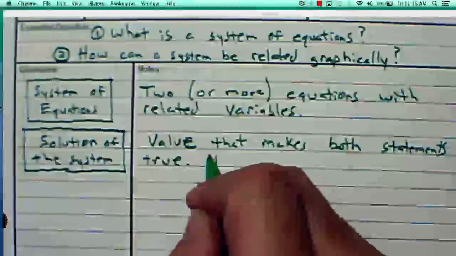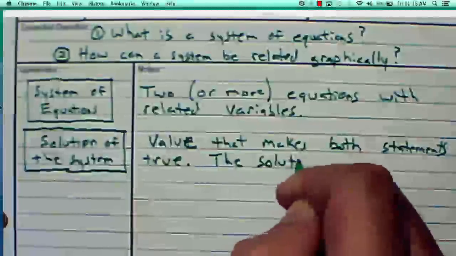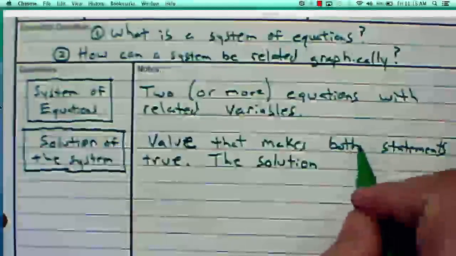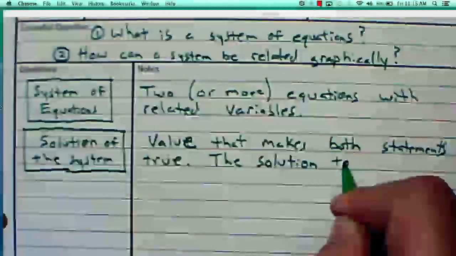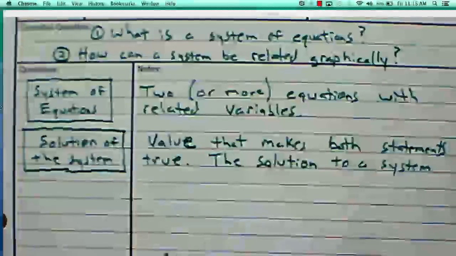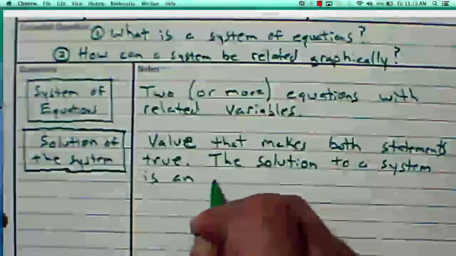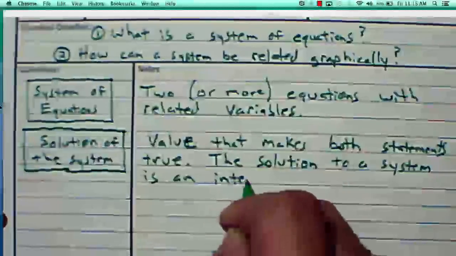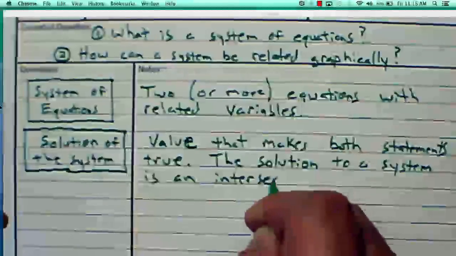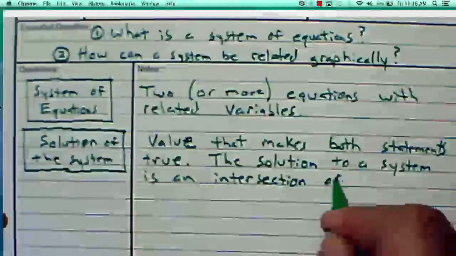The solution to a system is an intersection of two lines.